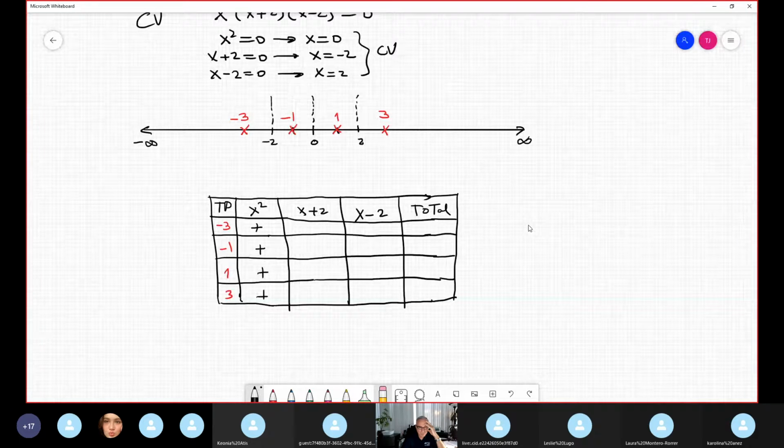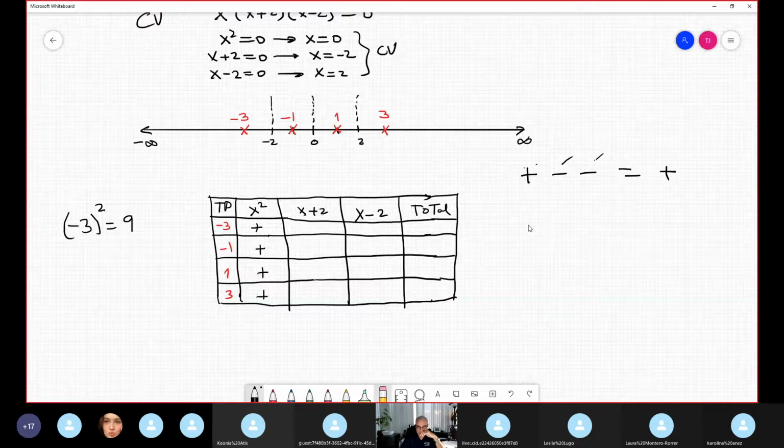Why? Because negative 3 squared is 9, positive. It doesn't matter if the number is positive or negative. When you square, it becomes positive. And remember, the important information to select true or false in the total depends only on the negative values, not the positive values.